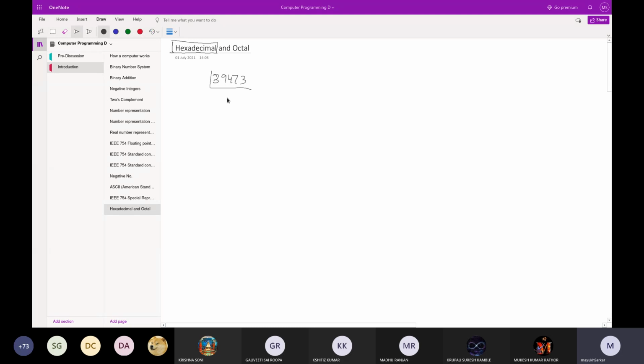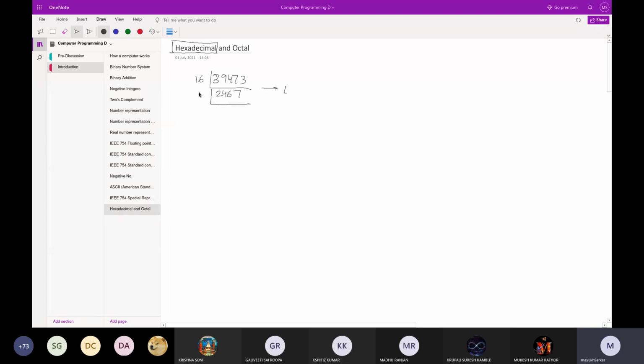After dividing by 16, we get 2467, and the remainder becomes 1.